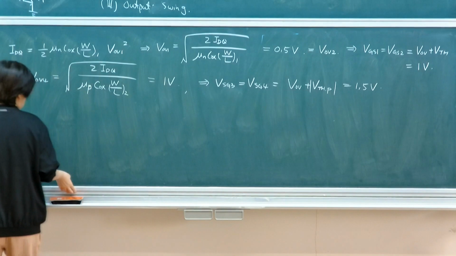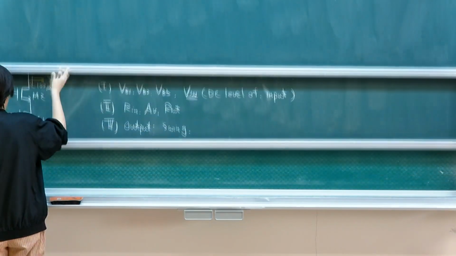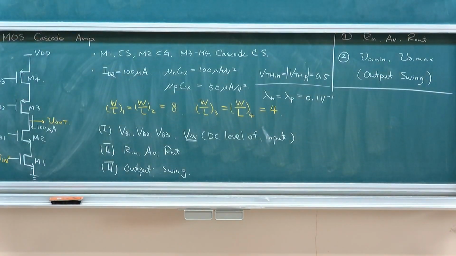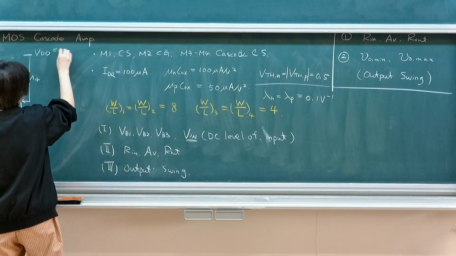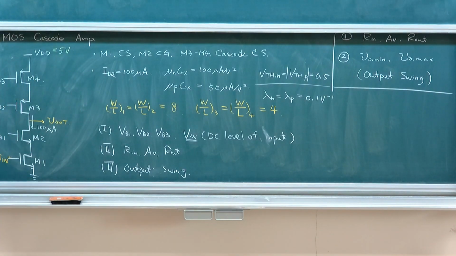So once we know this, we can then determine our biasing condition. Let's say I'm going to give a high voltage, otherwise there's no room for operation. So let's say VDD is 5 volt. Then there's a 1.5 volt drop, VSG4, so this will be 3.5 volt.